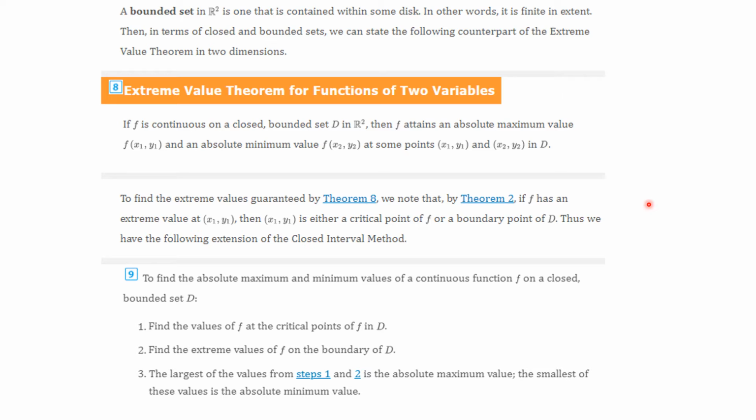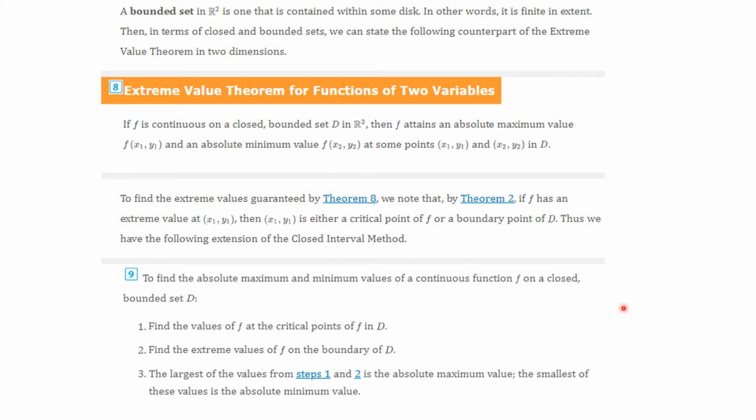Now to find the extreme values guaranteed by this theorem, we note that by earlier theorems, if f has an extreme value at (x1, y1), then this is either a critical point or a boundary point. Thus we have the following extension.